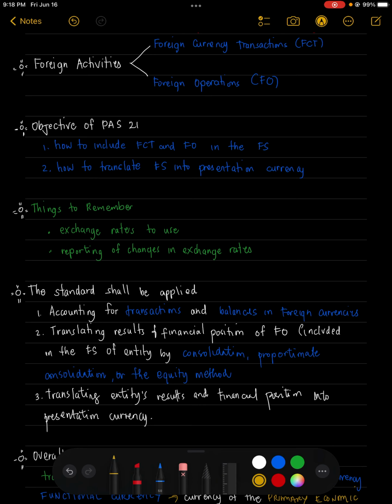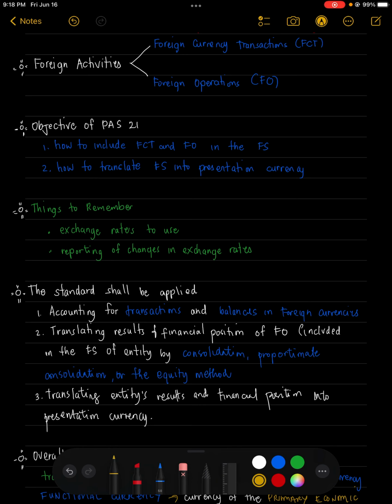So, meaning posibleng ibang exchange rate during the date of the transaction, sa date ng financial statements, sa date ng settlement, no? So, kailangan nating i-identify ano yung proper or appropriate na exchange rate na gagamitin.